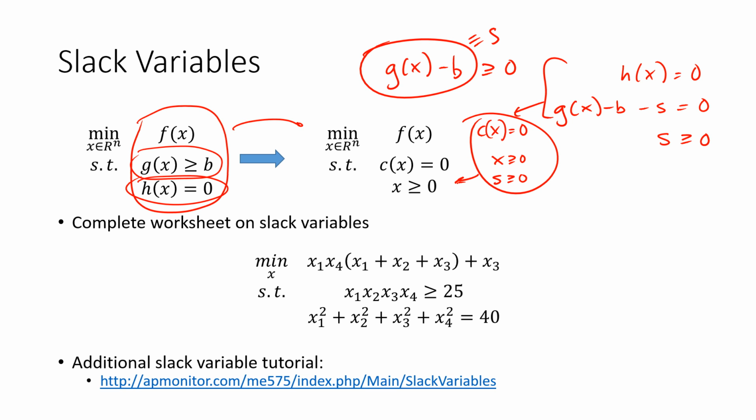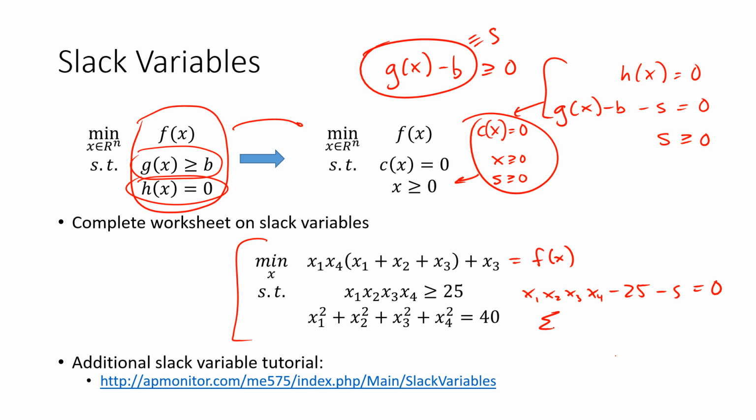If we have, for example, this problem right here, we can convert it into an equivalent problem with slack variables. I'm just going to say that's f of x. That objective function doesn't change. Then we have our product of x1, x2, x3, and x4 minus 25 minus the slack variable equals 0.